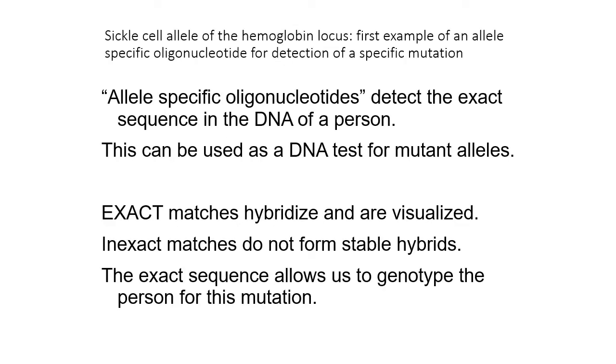This is just one example of an allele-specific oligonucleotide, set up to detect this particular mutation. The premise is that exact matches will hybridize and therefore be seen, and the inexact ones, which differ by a single nucleotide, will not form a stable hybrid, and that difference will enable us to tell the genotype of the person.